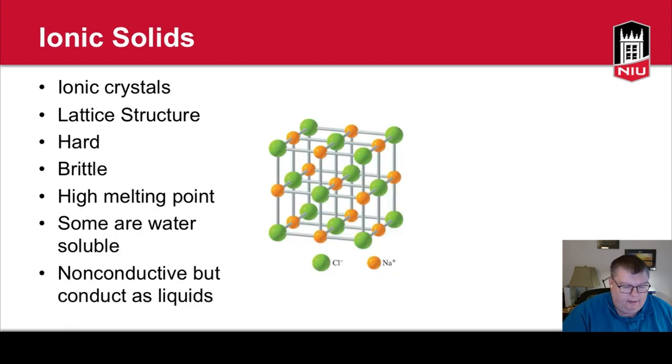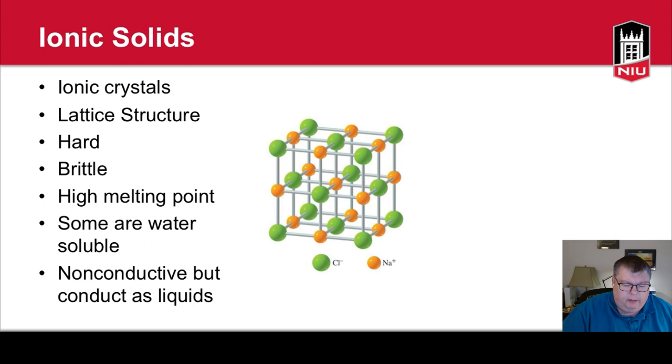Ionic solids have a lattice structure that is made up of the ions. So you can see it's a regular repeating pattern of ions in this crystal. These are usually hard, they're brittle, they have a very high melting point because to melt these, you're breaking the ionic bond. Some of these are water soluble, some are not.